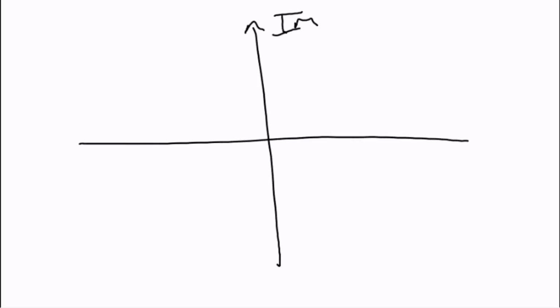So here you've got your imaginary axis, and here you've got your real axis. And when you make a pole zero diagram, your poles will be shown with little X's, and your zeros will be shown with actual zeros.